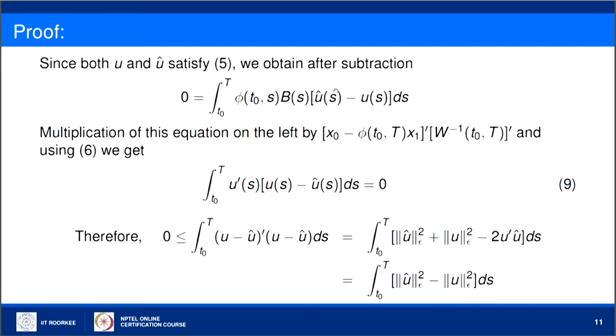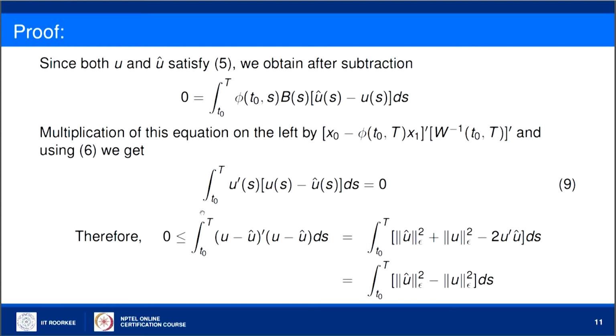Compare it with equation 6, and we will get u transpose s into this expression, because the portion x0 minus phi t0 T into x1 multiplied by W inverse, if you put it in front of this integral and combine it with phi t0 s into B s, that will give you u dashed, that is u transpose of s, and the remaining inside the integral is u cap minus u of s. Because it is 0, you can write it in any order.